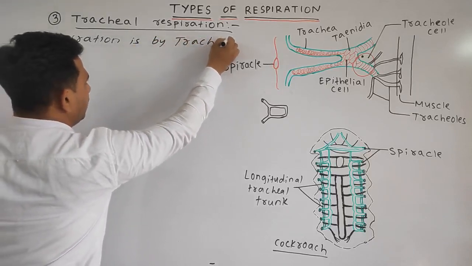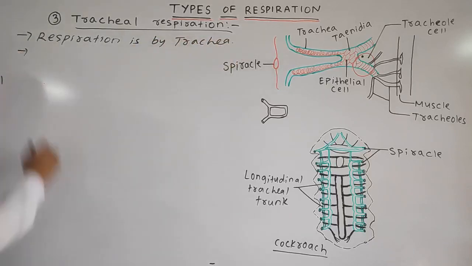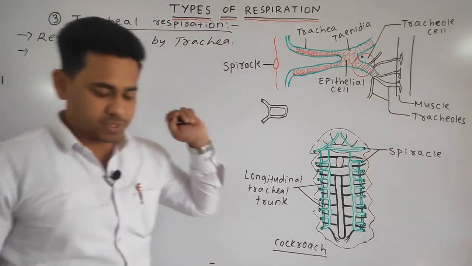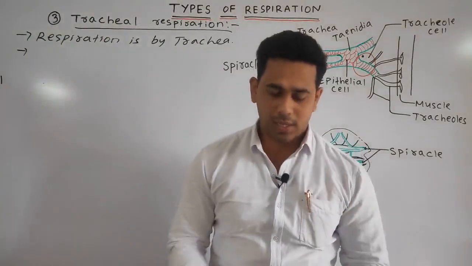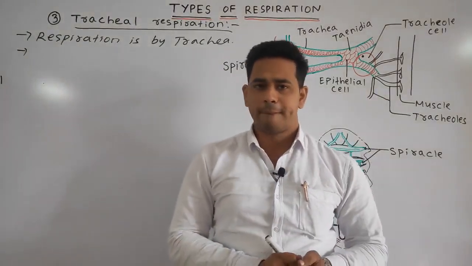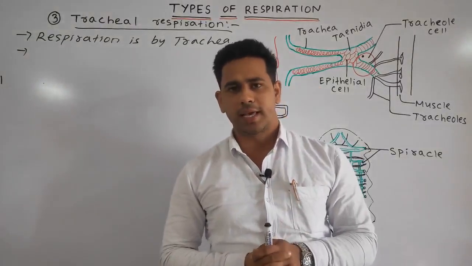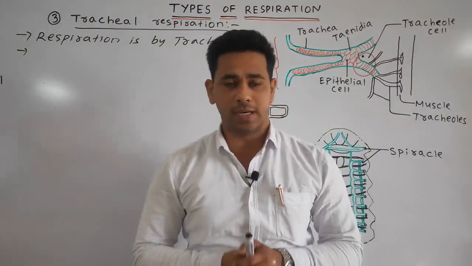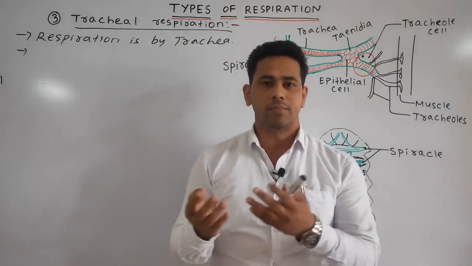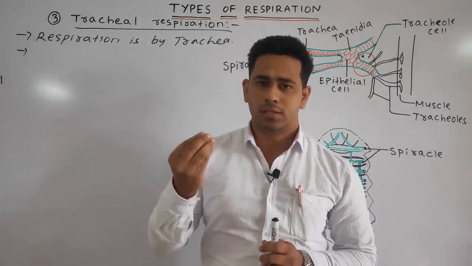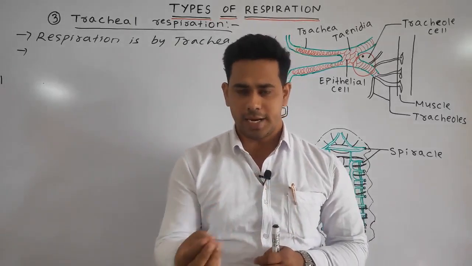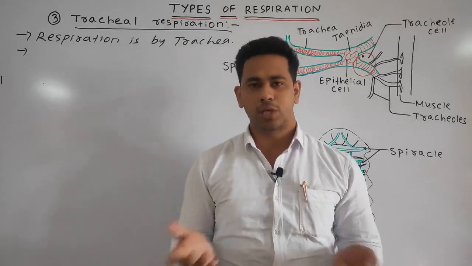Simple point. That is why the name suggests tracheal respiration. Where is tracheal respiration generally found? It is found generally in terrestrial invertebrates like some insects, centipedes, and also in some spiders.